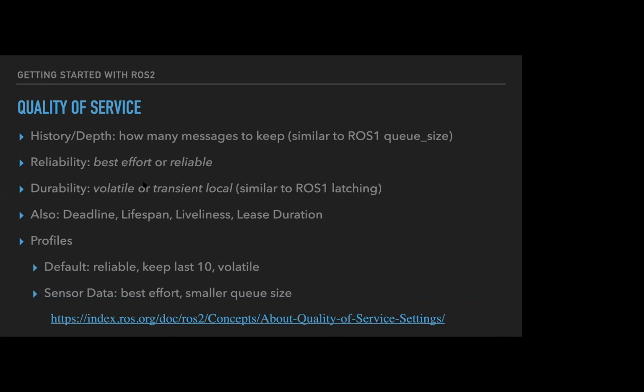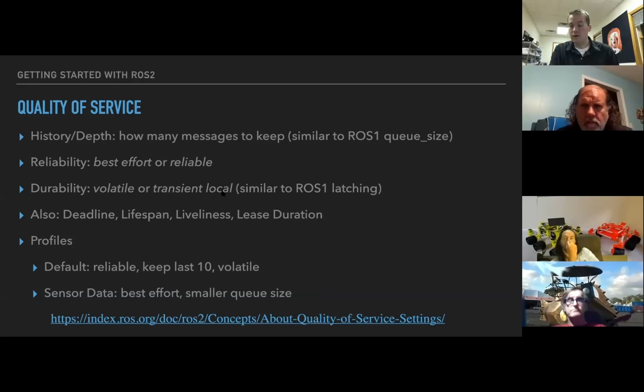If I've got a robot that's running and publishing the map and I start RViz up, I want to get that map, but I don't want to be republishing the map continuously. So map publishers are typically set to transient local, just as they would have been set to latching in ROS1.